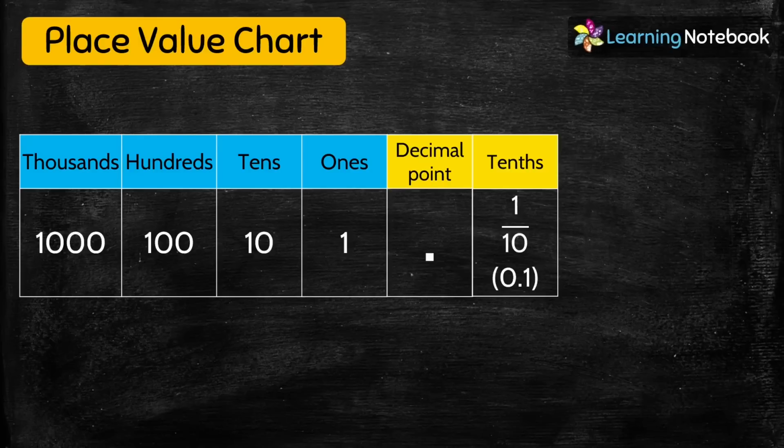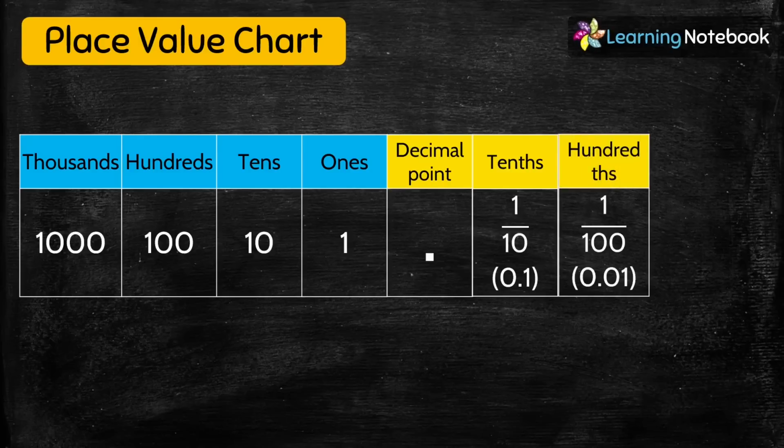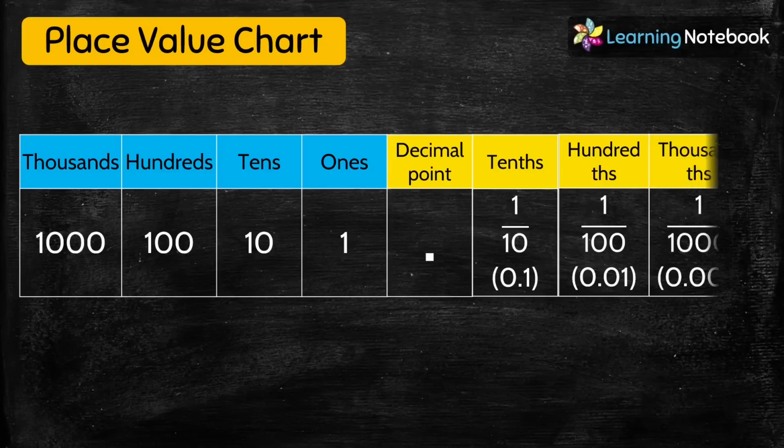After that, there is the hundredths place, which is 1 by 100 or 0.01. And next is the thousandths place, which is 1 by 1000 or 0.001. So this is the place value chart for decimal numbers.